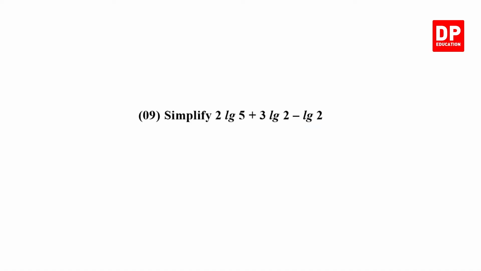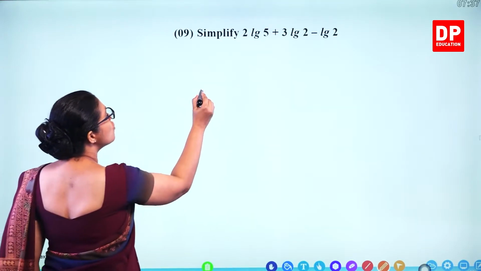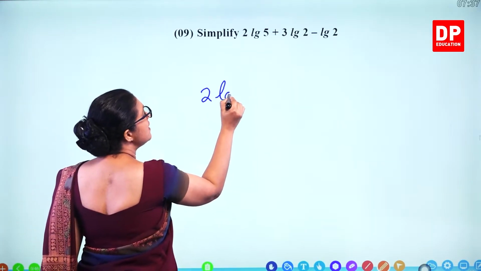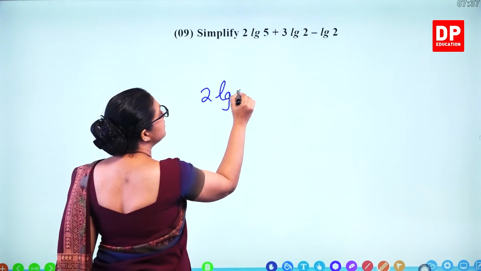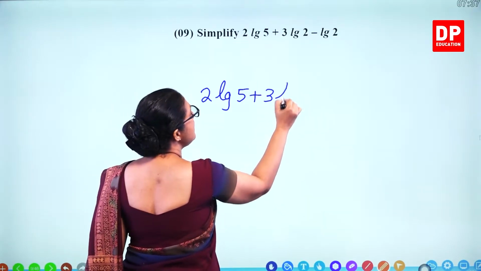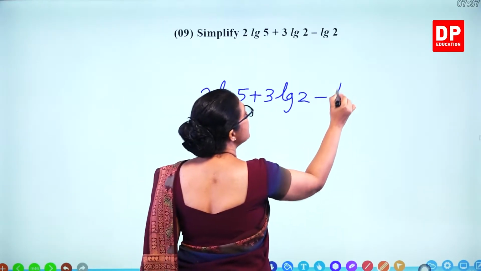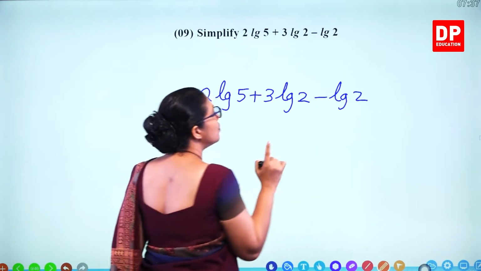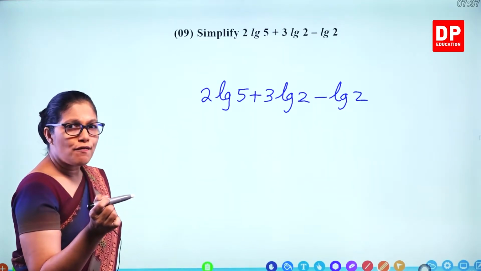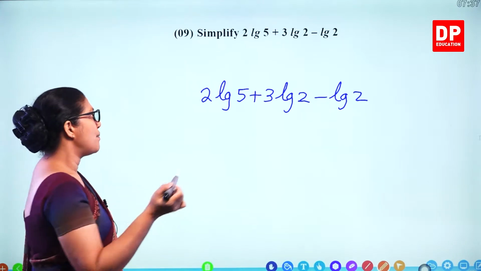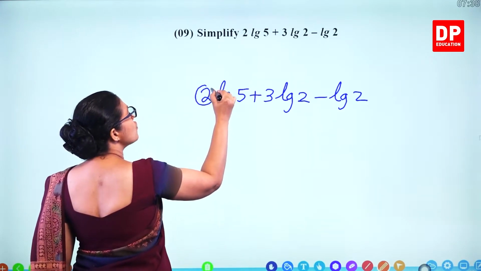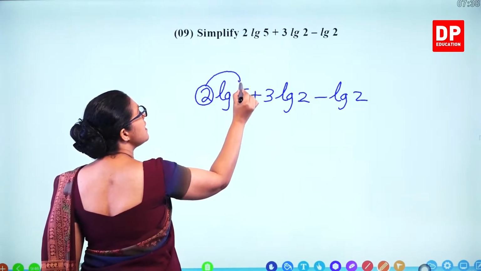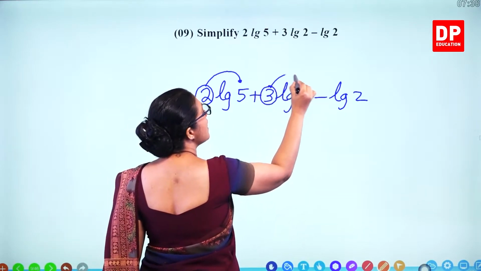Question number 9. Simplify. 2 Lg5 plus 3 Lg2 minus Lg2. Lg means log base 10. Can you apply laws of logarithms? You can't because there's a number in front. So first thing you have to take these numbers inside.